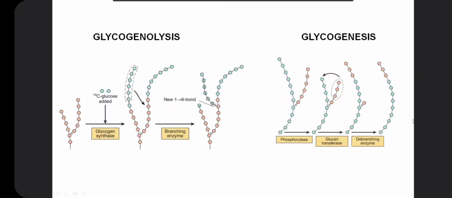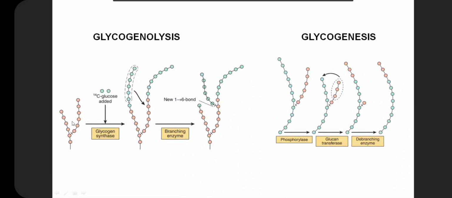Okay, and glycogen is synthesized from glucose by the pathway we named glycogenesis. I made a mistake, there are 2 enzymes involved. The left picture shows you glycogenesis, and the right picture shows you glycogenolysis.